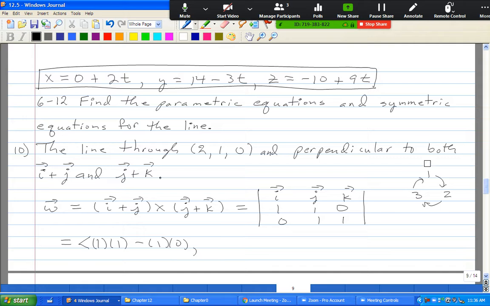And then it is 3, 1: 0 minus 1. And then it is 1, 2: 1 minus 0.